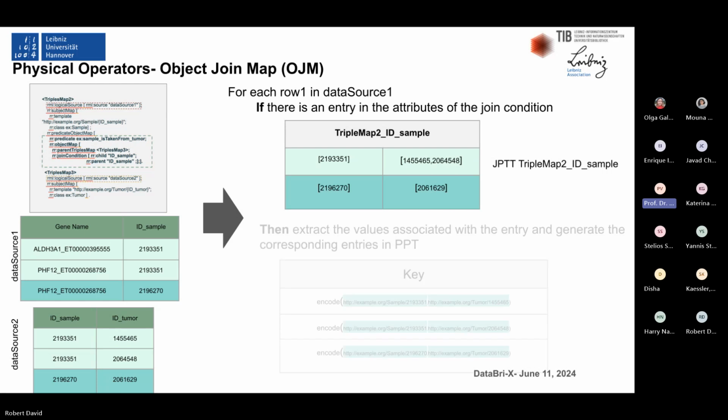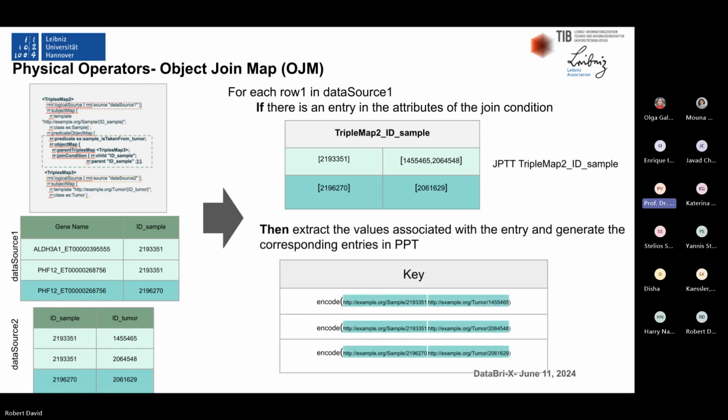So what happens is that now we have joins between different data sources, and the operator is able to first create the structure that I was describing before, the index hash, but it is also able to verify that a particular tuple that is intended to be generated doesn't already exist in the index hash.